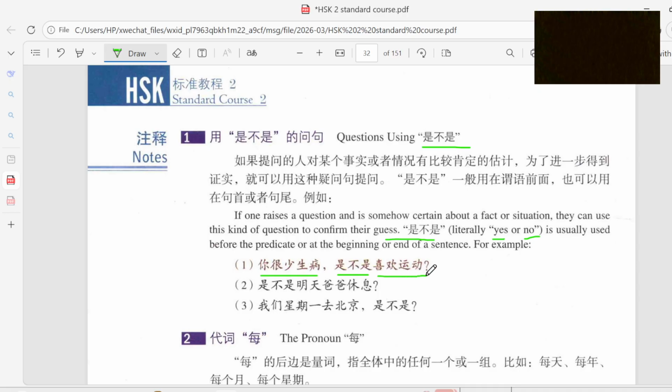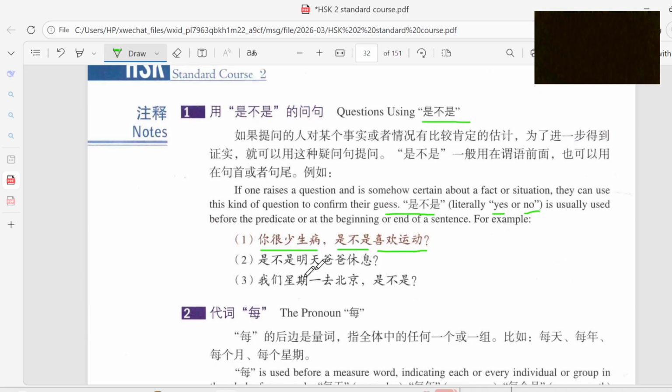喜欢运动是不是喜欢运动. You know, the person is already certain about the situation. Saying yes or no, he knows, but if he confirms, it will sound like that. But maybe you need to confirm from the second person. It says 是不是.